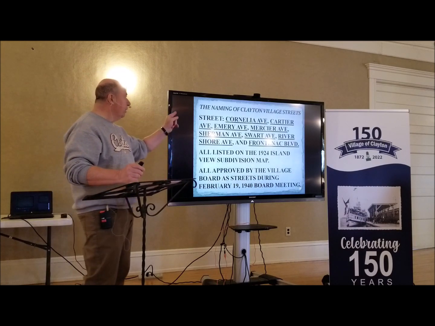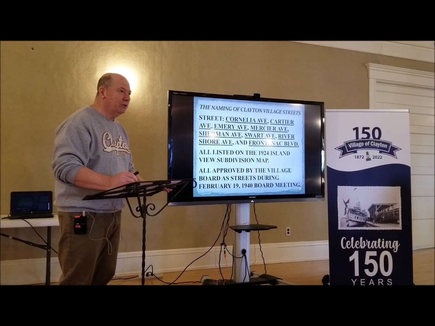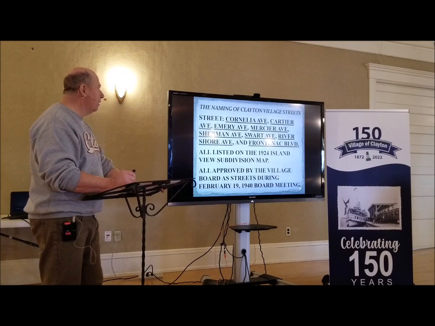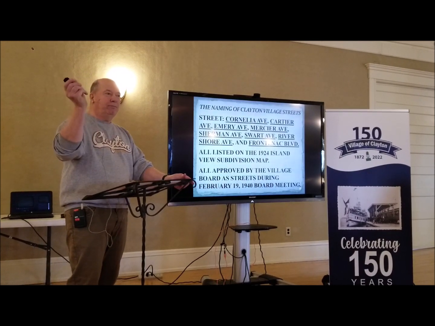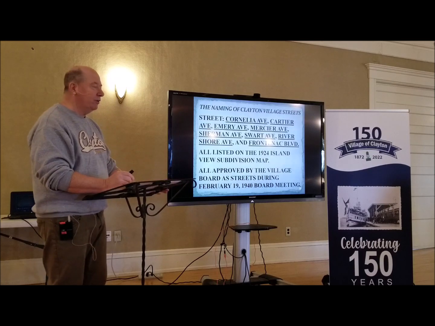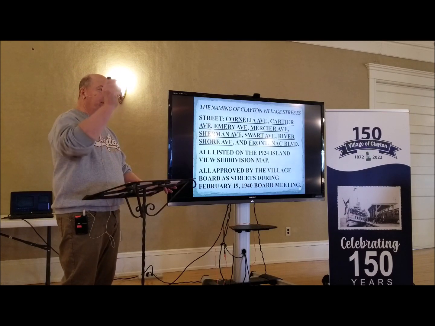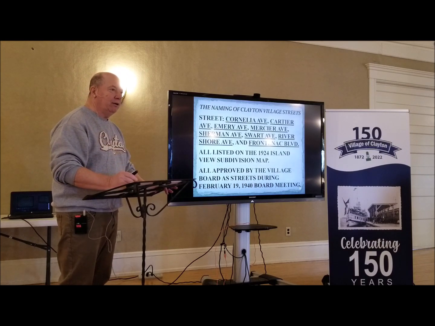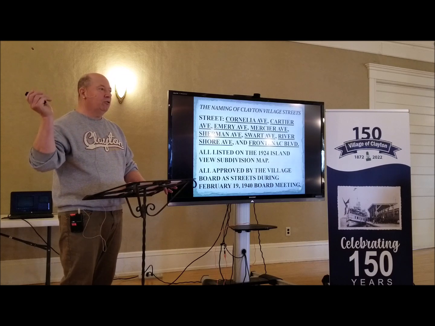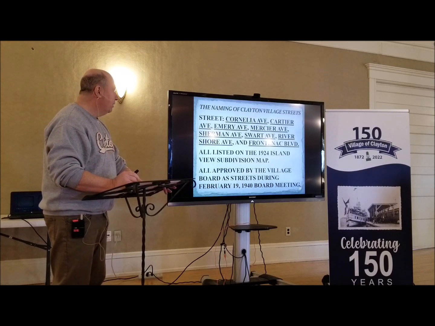All right, Cornelia Avenue, named after Cornelia, the first name of our village. Cartier, Jacques Cartier, who sailed up the St. Lawrence River in 1534. Emery, Charles Goodwin Emery of the Calumet Castle fame. He had a granite company, and his docks for the granite company were right down there by Steele's Point.